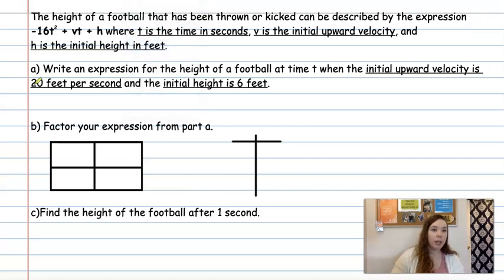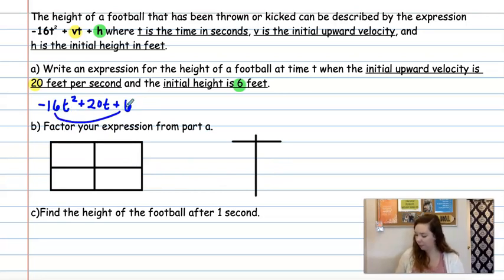So we're going to replace v with 20 and height, or h, with 6. So our expression would be negative 16t squared plus 20t plus 6. And then we want to factor our expression. So negative 16 times 6 is negative 96.